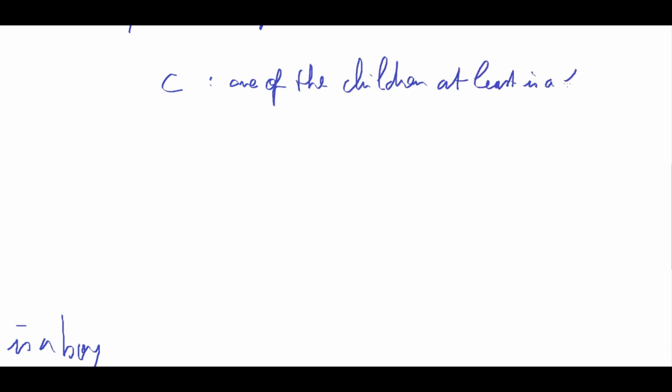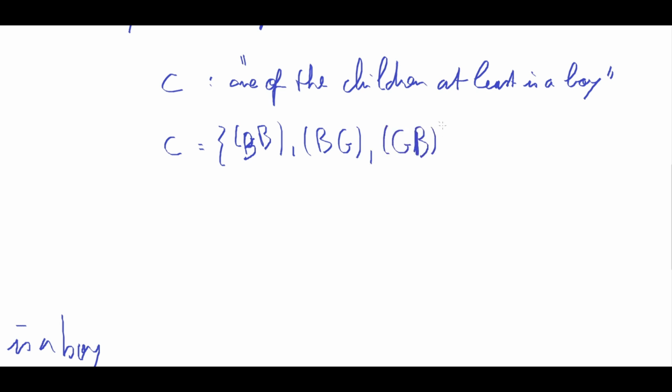Now, if you want to look at the event C, one of the children at least is a boy, the possibilities are as follows. We have boy, boy, then boy, girl, and girl, boy. So 3 possibilities.